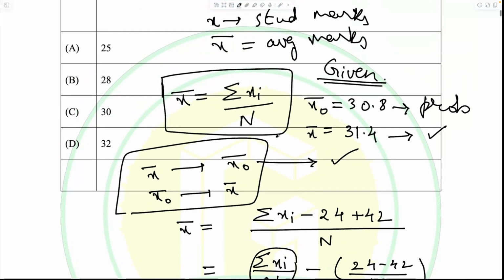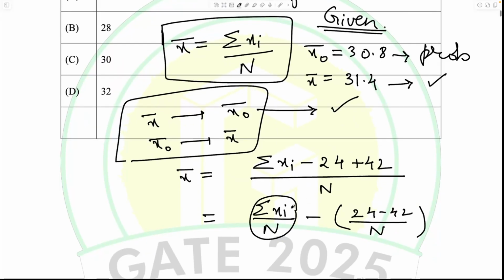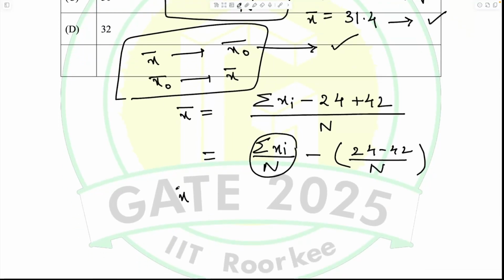This part is nothing but your old mean, because this summation of all xi, the previous data points, has one of the data points wrong, the 24 part is present inside of this. So this is going to give you x naught. So x new mean is equal to the old x mean minus what? Let's take it like this: 42 minus 24 is going to give you 18.